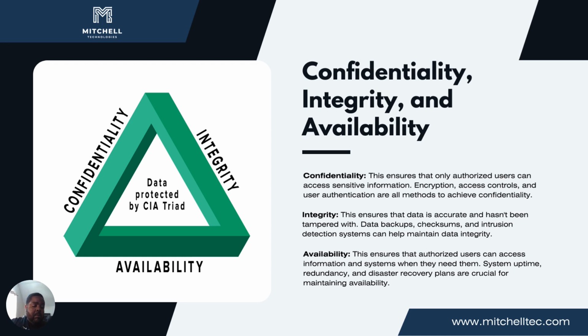And then we also have availability. Availability meaning, of course, that whenever a user wants to have their data available, that it is available at that particular time. Confidentiality is more based off of making sure only those who are authorized to see the information can see that information. Now, it varies from business to business.